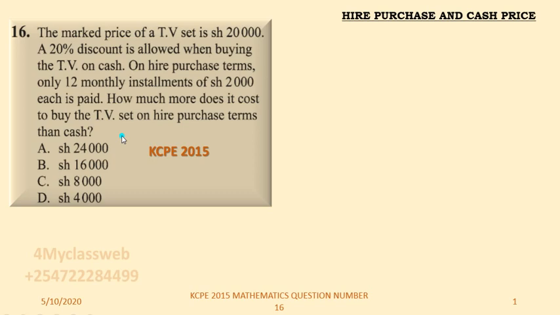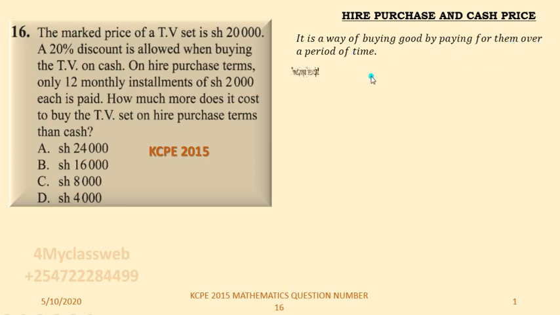There's something I want to repeat. If this item is to be bought on hire purchase terms, only 12 monthly installments of shillings 2,000 each is paid. Going back to the previous video, we said that hire purchase is a way of buying goods by paying for them over a period of time.